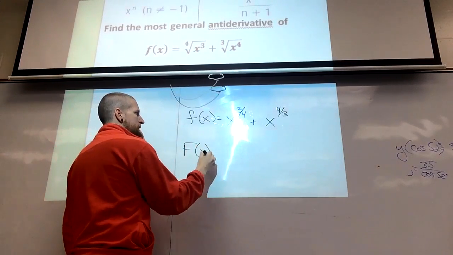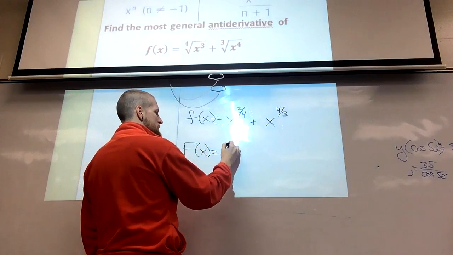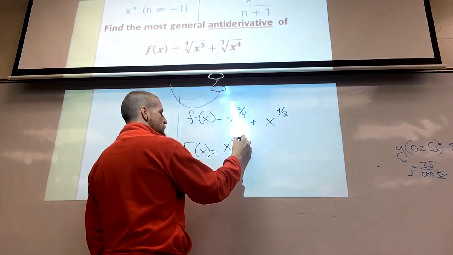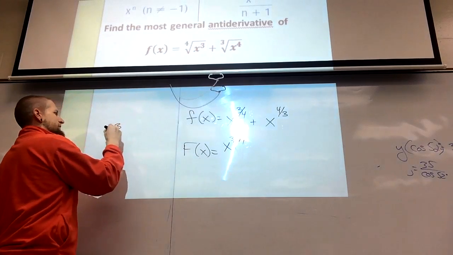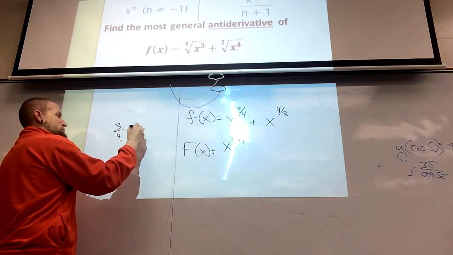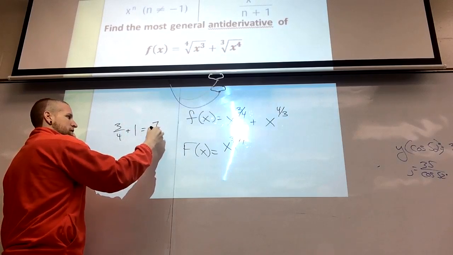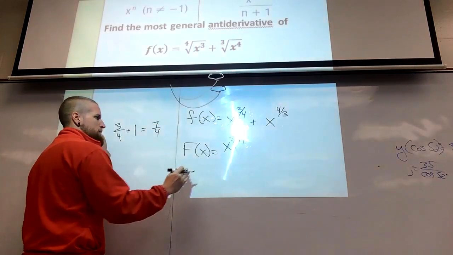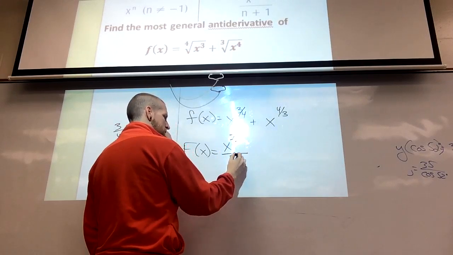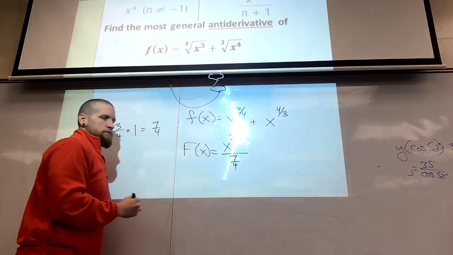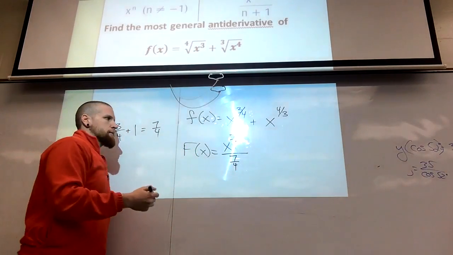So when you do the antiderivative, you'll have x to the 3/4 plus 1, which should give you 7/4, yes? Okay. So 7/4, and then in your denominator, that exact thing needs to go. So whatever the power is still goes right to the bottom.